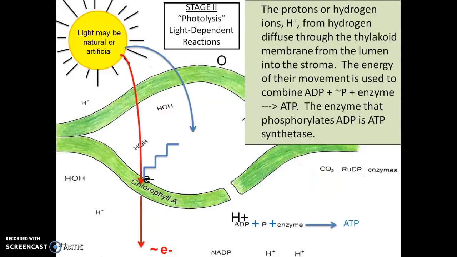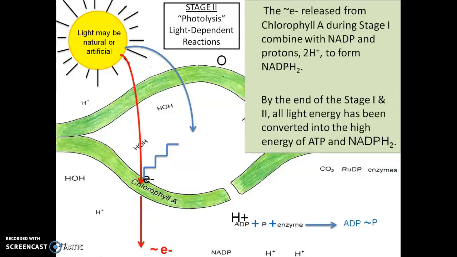So far, we've made oxygen, we've replaced our electron that we lost in stage 1, and we've also made some ATP, which is pretty cool. The last thing that's going to happen is there are high energy electrons from stage 1. We're going to use that energy in order to combine NADP and these two hydrogen ions located in the stroma.